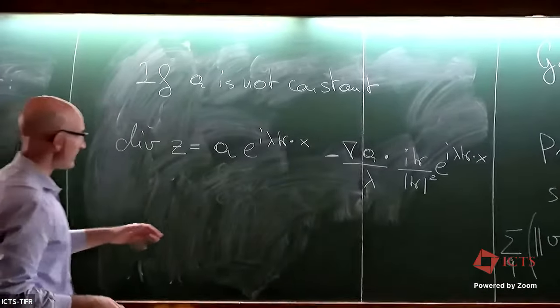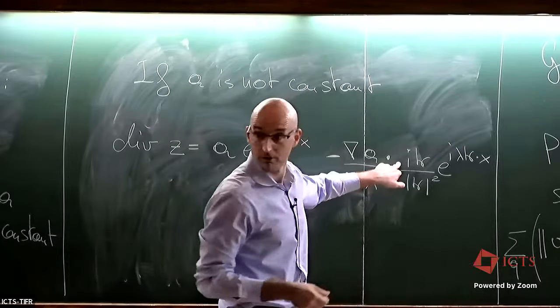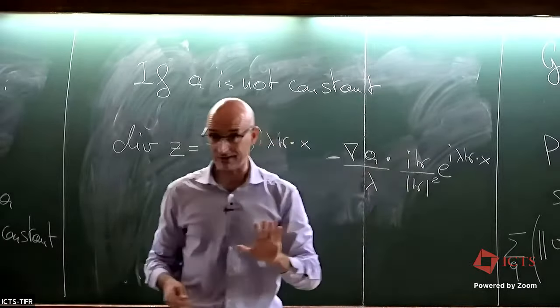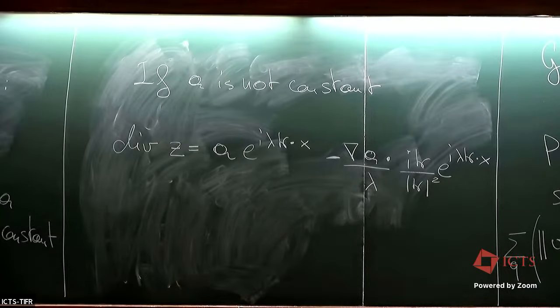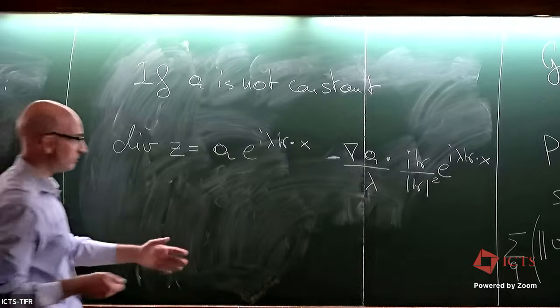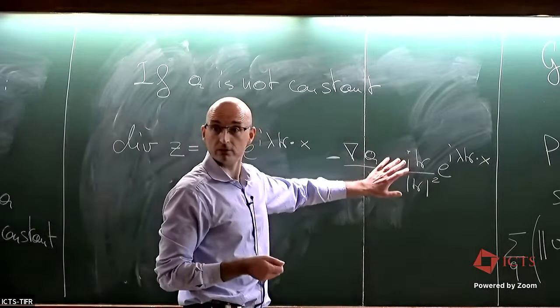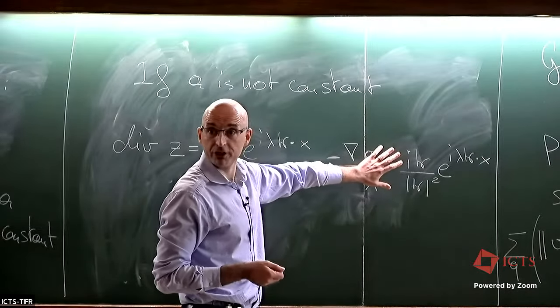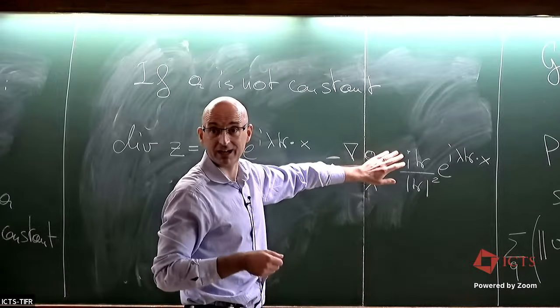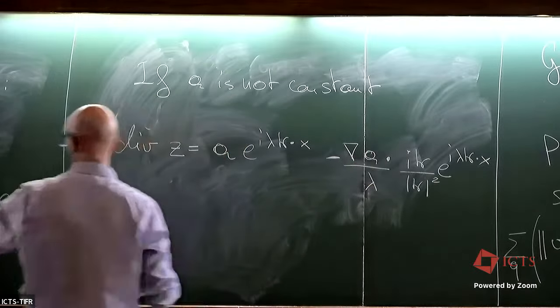It has actually the same structure as the vector field we start with. In principle, we could apply the same ansatz to this guy and get a correction to this, but the correction will have 1 over lambda squared. And then I can keep expanding.